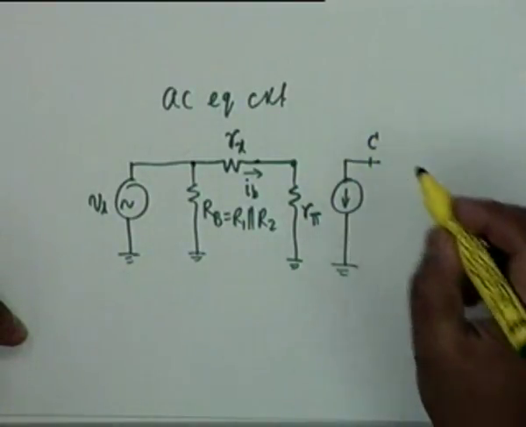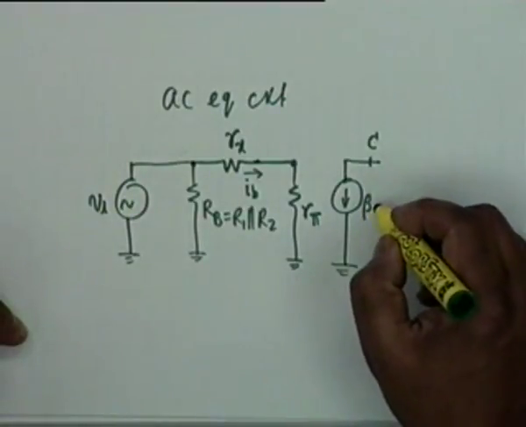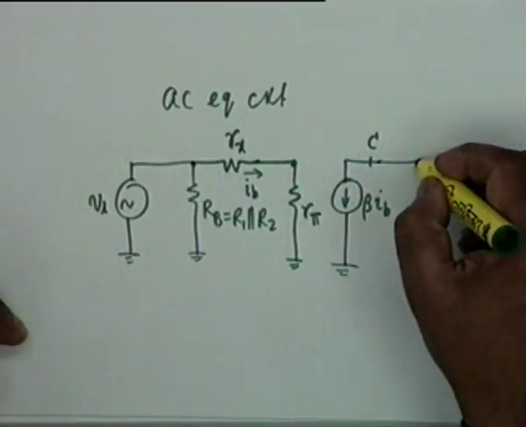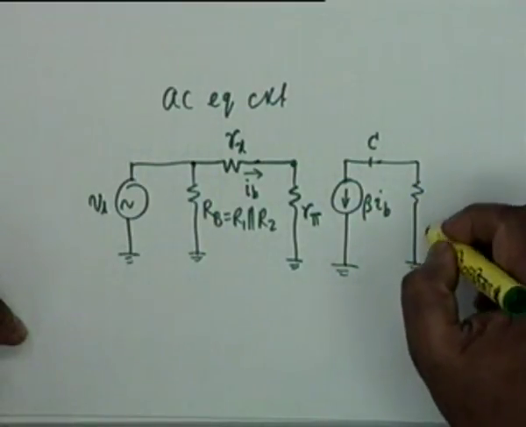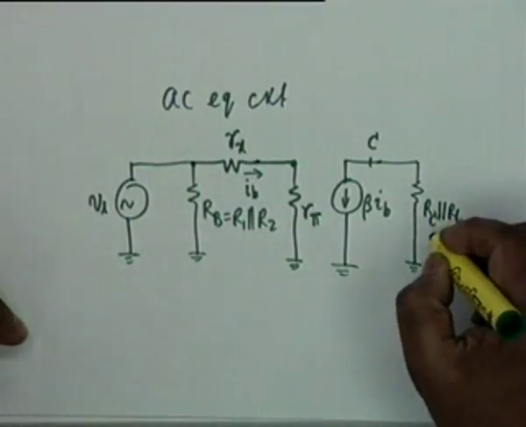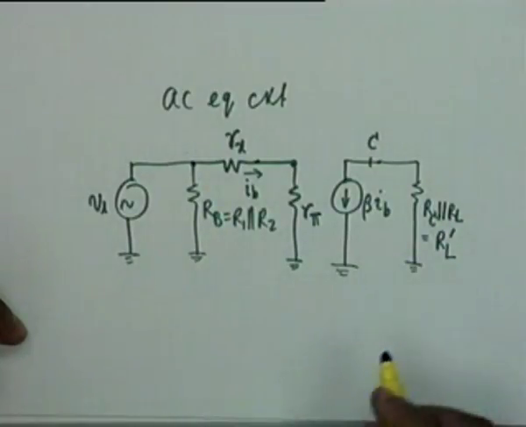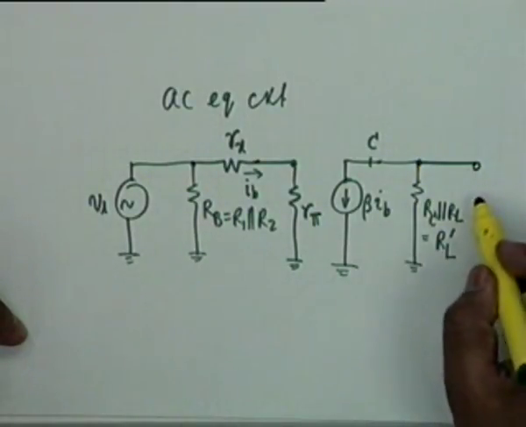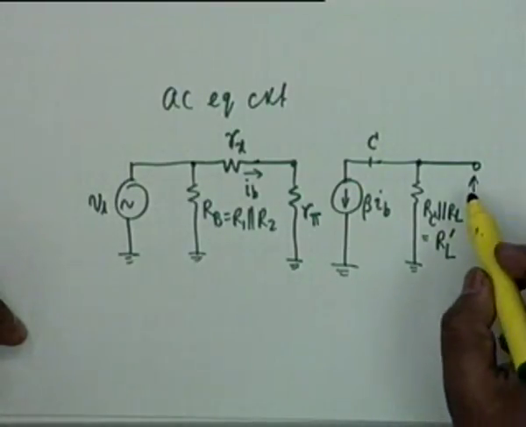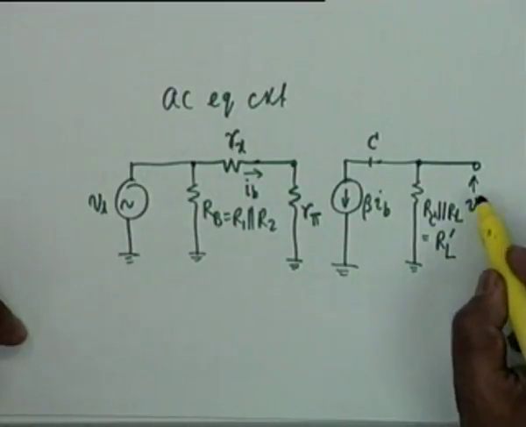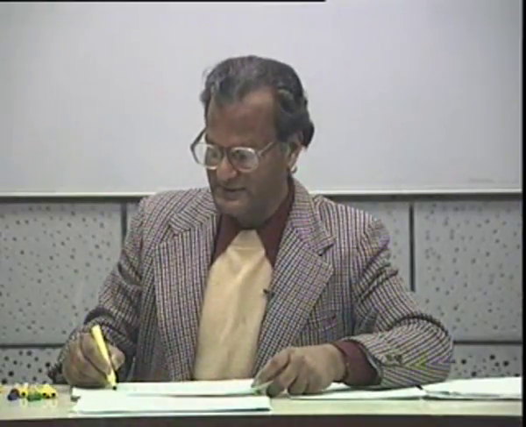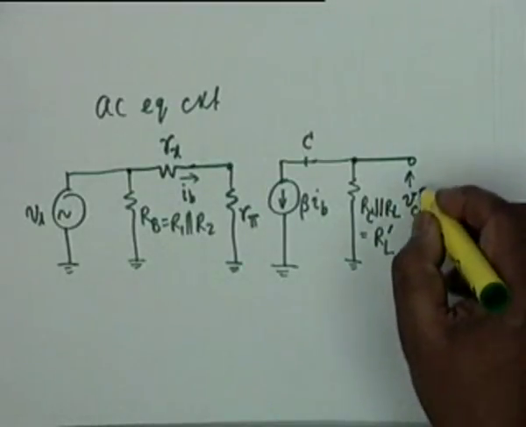This is the collector. From the collector I shall have beta times I sub B, in parallel with RC parallel RL. Alright, let us call this resistance RL prime, and this voltage therefore is the output voltage, and as you see this is the voltage between the collector and the emitter, and since this is AC we write this as small v, c, e.